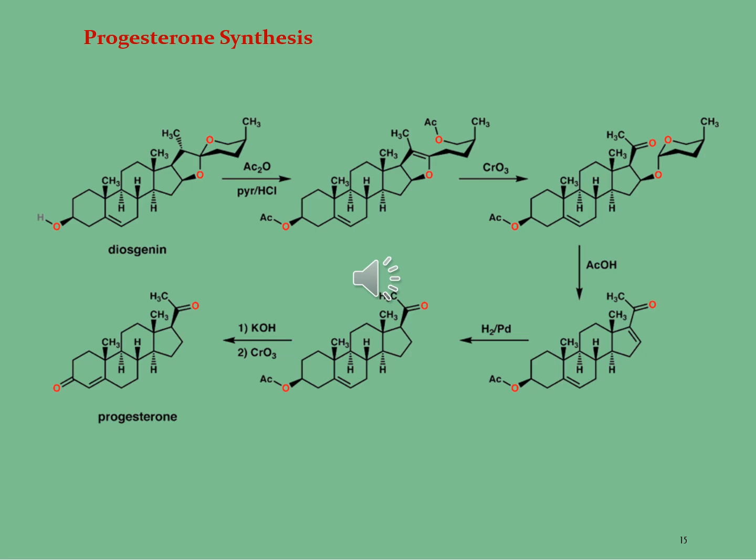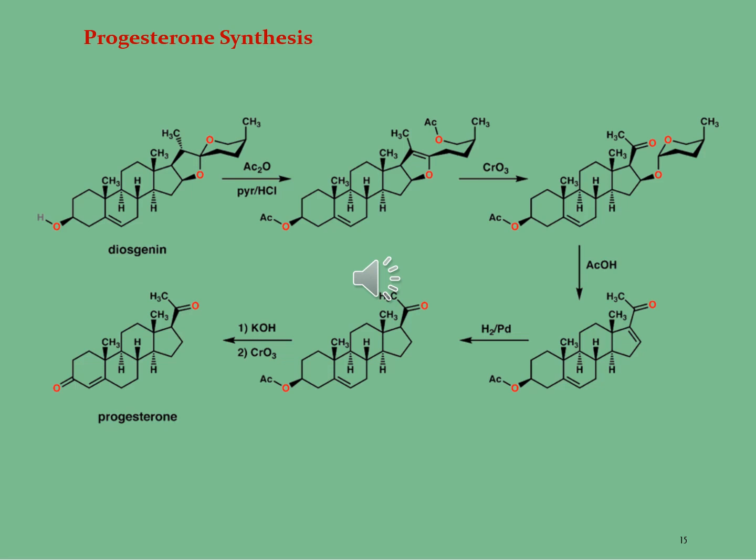This intermediate is further treated with acetic acid, which is used for the removal of the sugar moiety. In this way, we obtain an acetyl group at the carbon 17 position of the basic steroid structure.